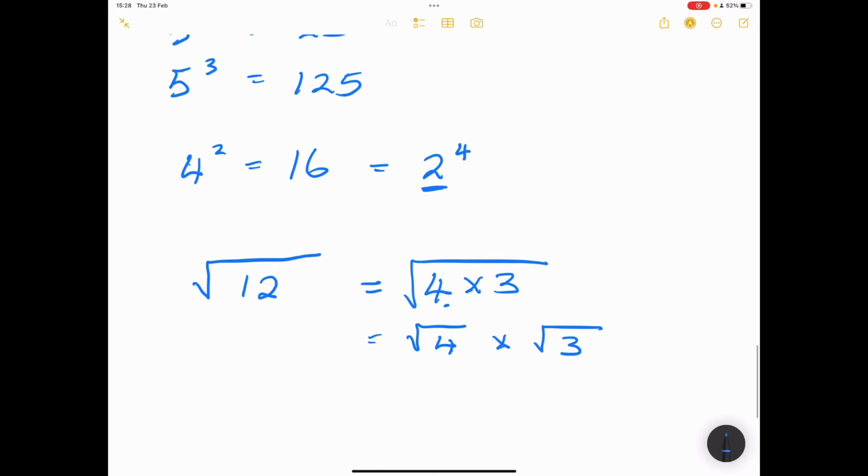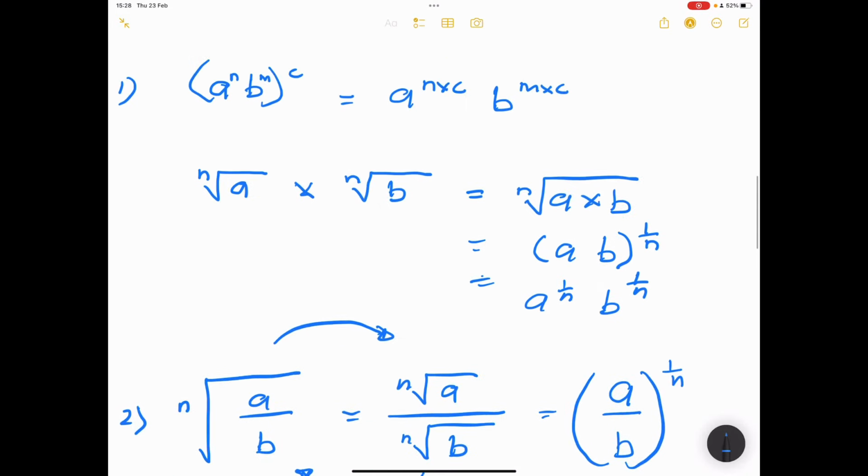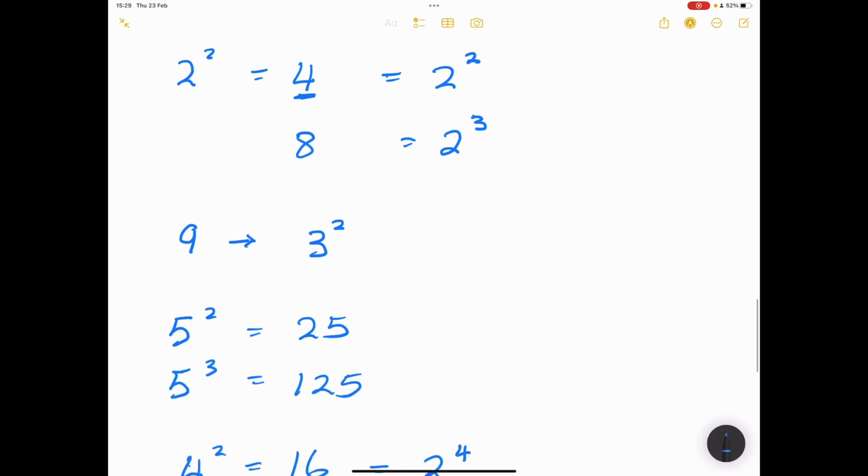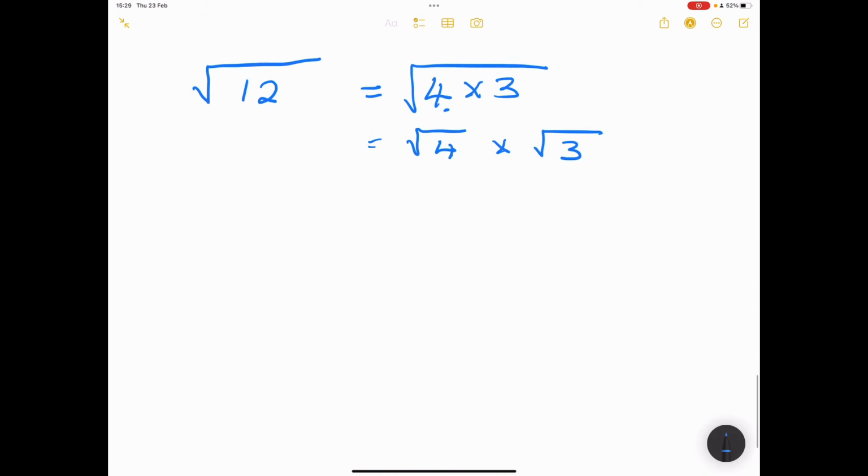Now look at this. We're now applying our rule there, right? So we've taken the nth root of a times b, and we've broken it down into the nth root of a multiplied by the nth root of b. Now, the square root of 4, what does that give us? That gives us 2, and multiplied by the square root of 3, that gives us 2 root 3, right? So it helps us to simplify them like that.